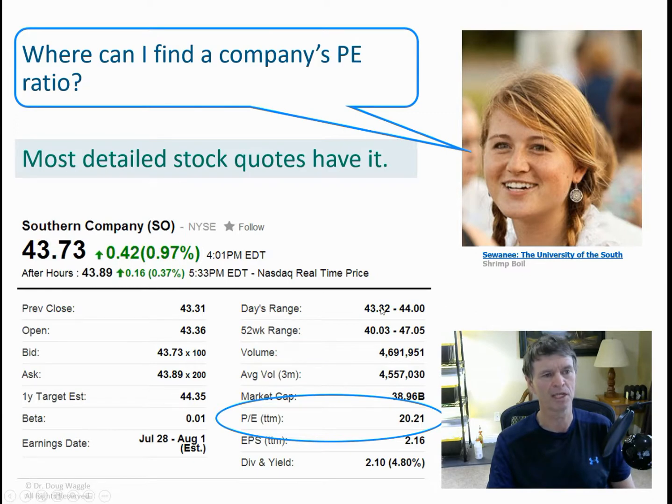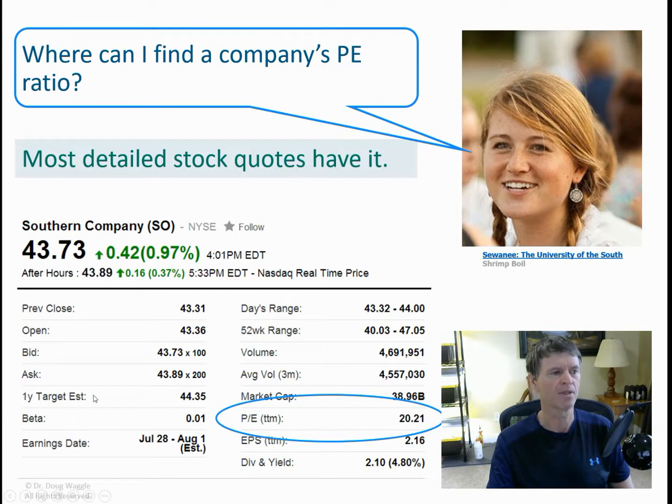Day's range, the price during the day went from this to this. 52-week range, here's how the price changed over the 52 weeks. I think we saw bid and ask before. That's the price that the stock closed at yesterday. There's the price that it opened at. So the difference, well, there wasn't much of a difference there, but it can be a significant difference.